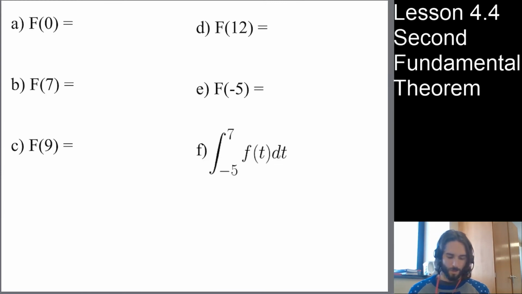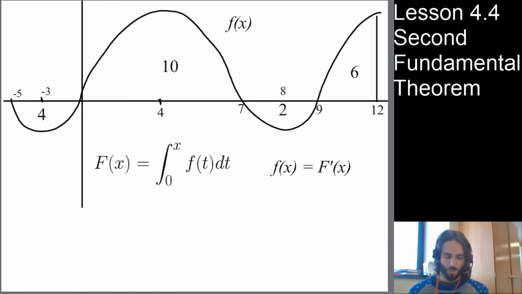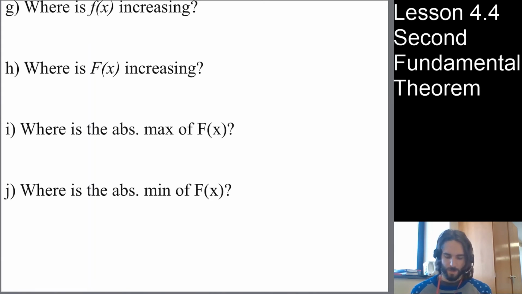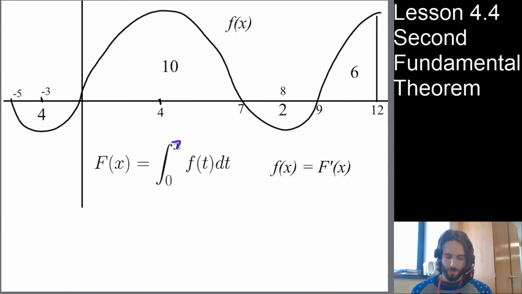All right, so evaluate F of 0. So F of 0 is how much area do you accumulate from 0 to 0. And hopefully you know right away that that's none. All right, 0. What about F of 7? That means how much area do we accumulate going from 0 to 7? Well, these numbers here, by the way, are the area for each of these parts. So from 0 to 7, that is 10.